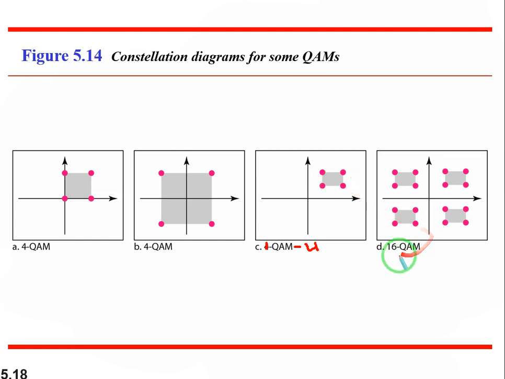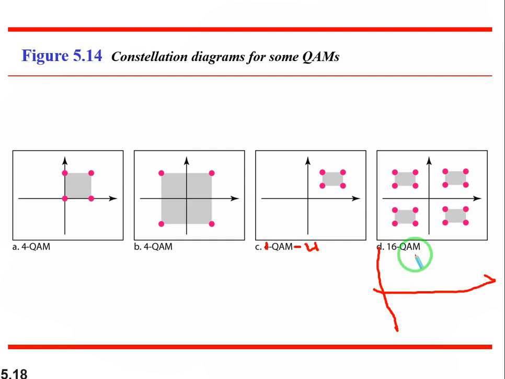Now coming to 16 QAM. In 16 QAM it shows how many levels we have: 8 levels. Like 1 2 3 4, 4 will be positive and 4 will be negative. So 16 QAM can show as 8 levels, and you know that once we increase our levels, the bit rate is going to increase and so on.